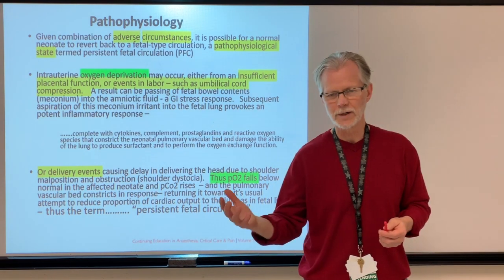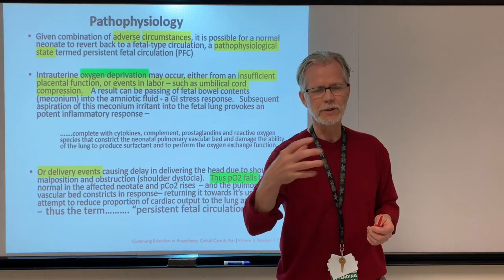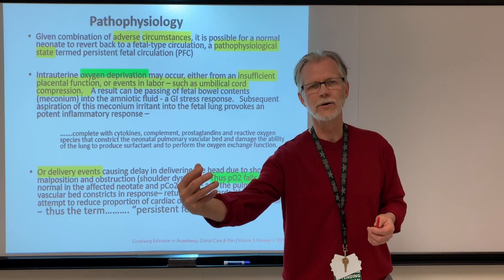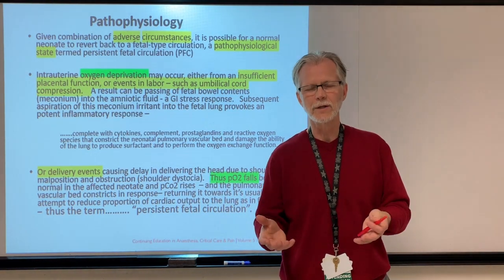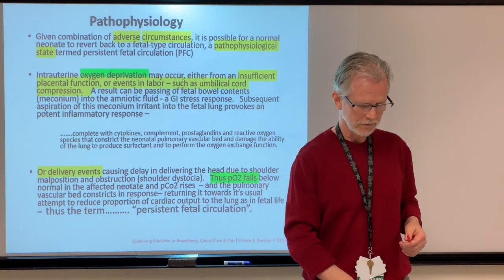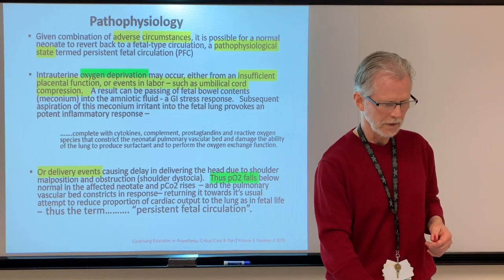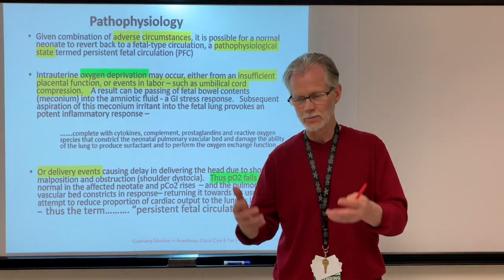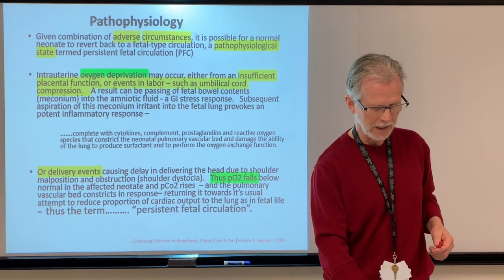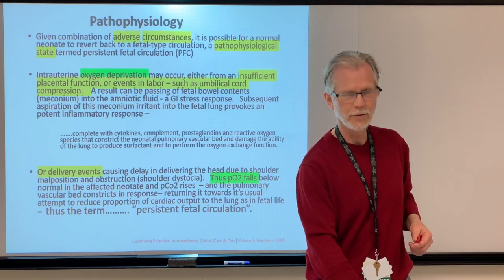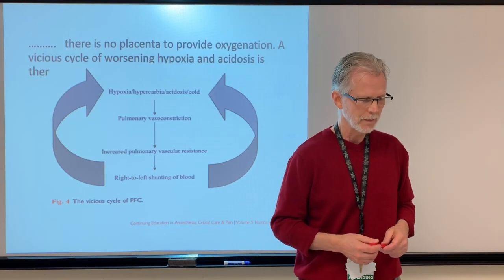When those shunts are apparent, there can be right to left shunting, meaning low oxygen blood to higher oxygen blood. Therefore, the mixed oxygenated blood circulates throughout the neonate. And that circumstance, of course, results in poor oxygenation of the tissues in the neonate, and further acidosis and further acidemia.